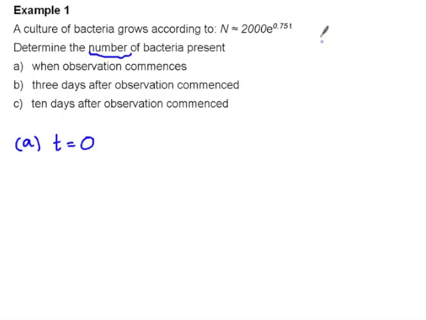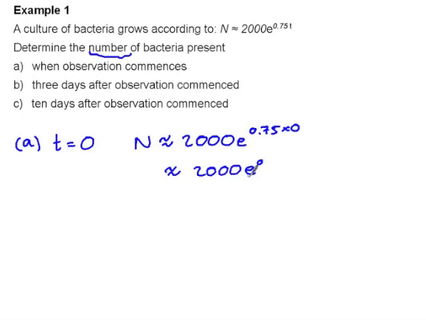And if we substitute t equals 0 into this formula, we have n approximately equal to 2000 e to the 0.75 times 0. Now, of course, that is 2000 e to the 0, but e to the 0 is 1, so we have 2000 bacteria.